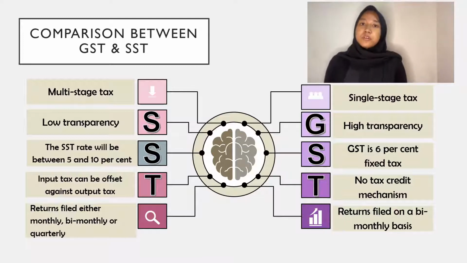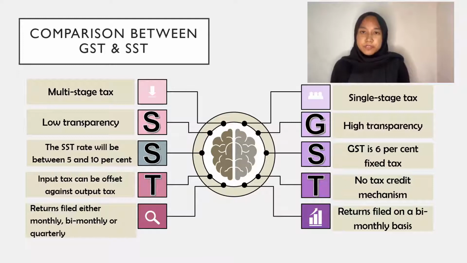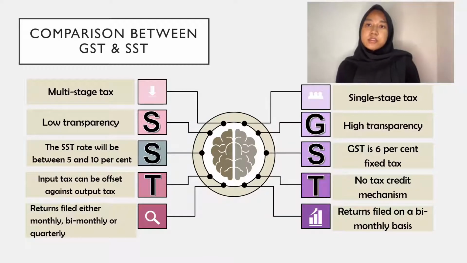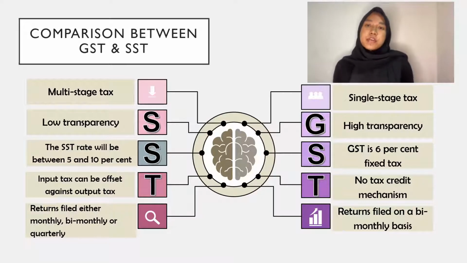Then, GST is more transparent, effective, efficient, and business friendly, but SST is less transparent. Next, the rate for SST may vary or could differ from 5%. Normally, manufacturers and distributors do not show the SST rate to consumers, but for GST, consumers know the real deal and only at one standard rate, which is 6%.